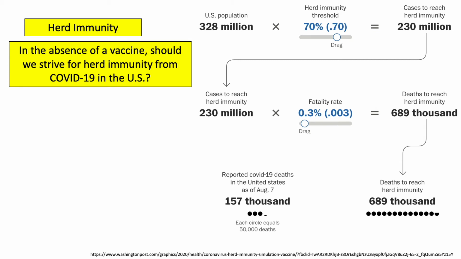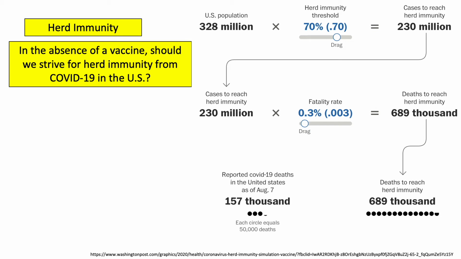I selected 70% in this example, and some experts will say that for this particular virus, 60 to 70% would give us herd immunity. Now, if you take 70% of the population infected and multiply that by 328 million, that means 230 million Americans will need to have the disease in order for us to achieve herd immunity.